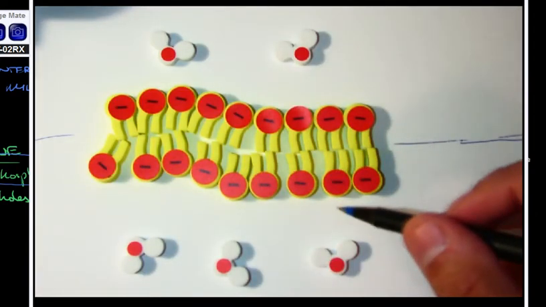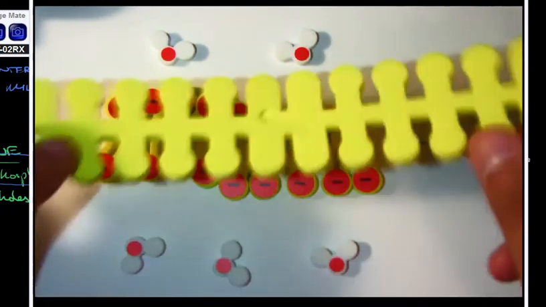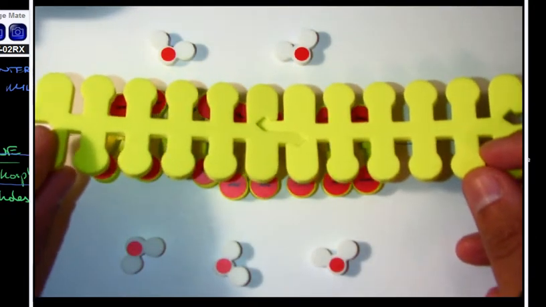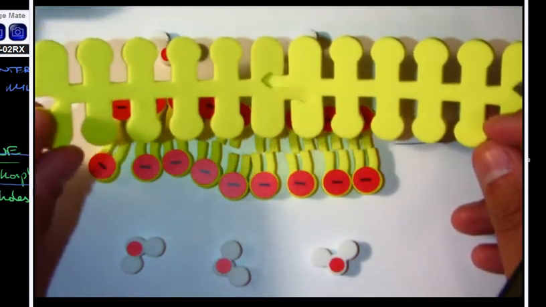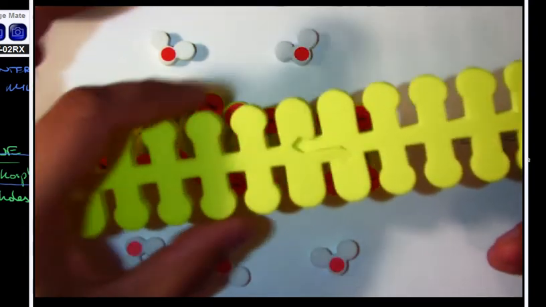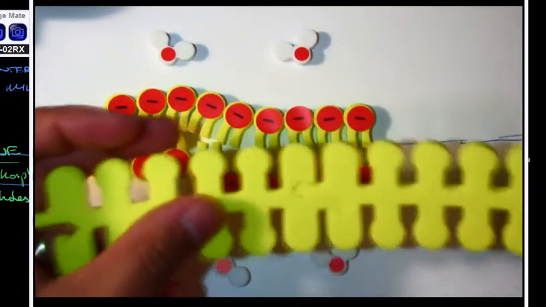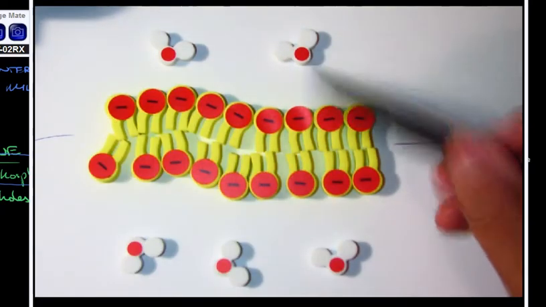What I'm actually going to do is replace my phospholipid bilayer here with a different model that looks like this. It doesn't have the negative charged indicator on it, but we know that each of these has a negative charge in it. But before I do that, I want to point out that this water is uneven, right?